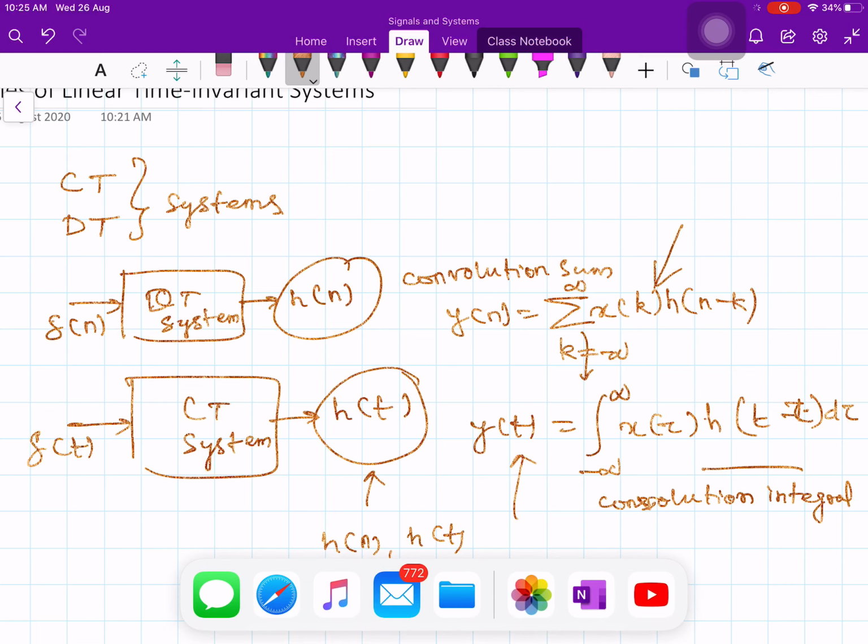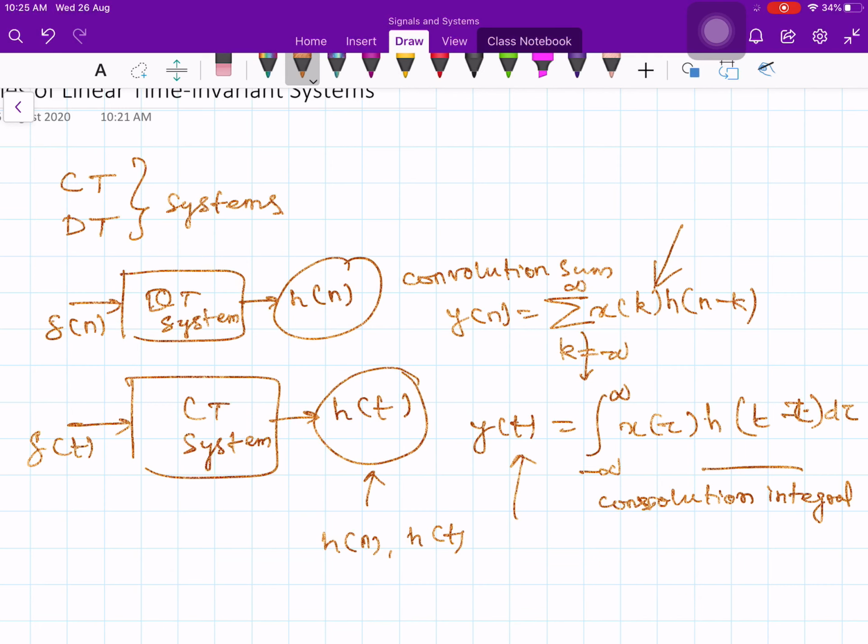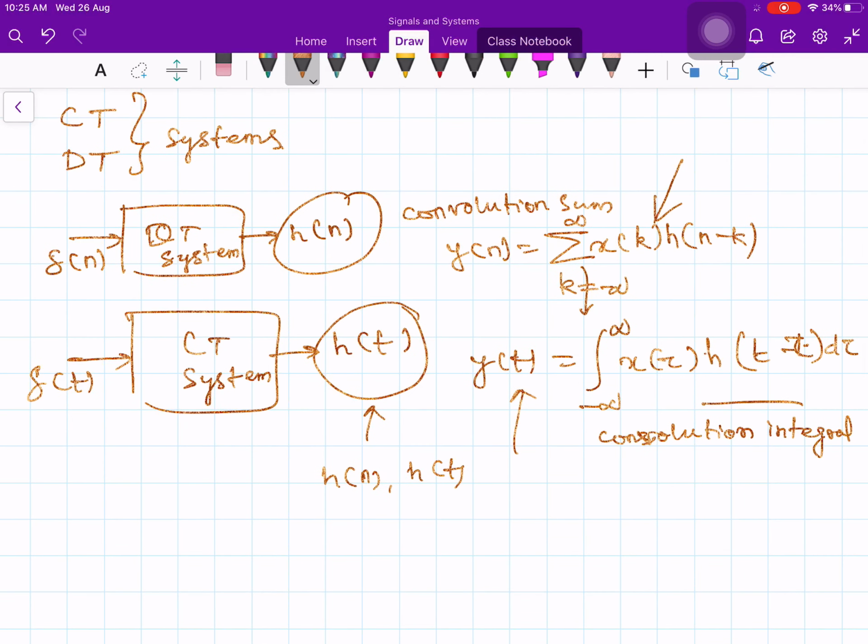In linearity we used superposition and homogeneity, and also time invariance.